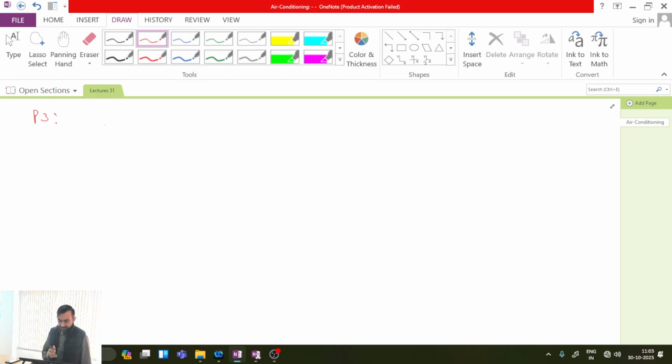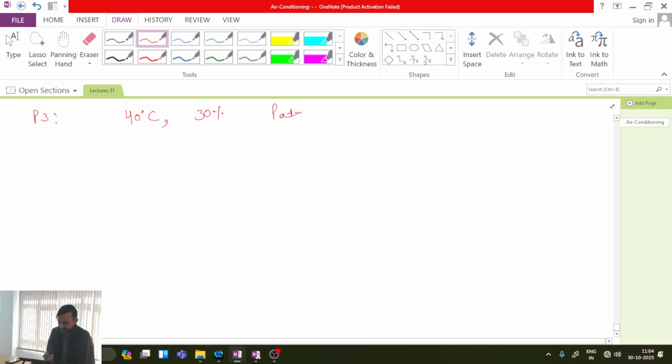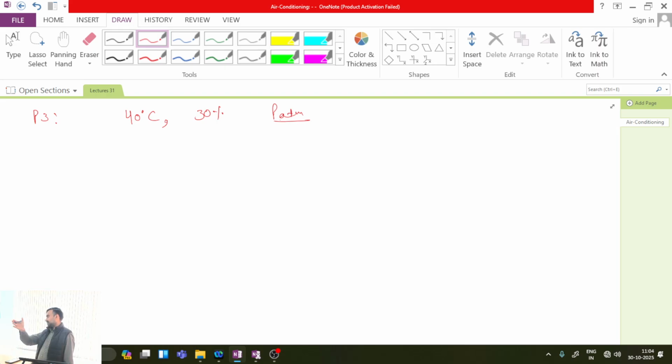Okay, so it means that we have moist air, and this is under which condition? 40 degrees Celsius temperature and 30% relative humidity, and what else? Atmospheric pressure. Now this is passing through an insulated duct, so the chamber in which it is passing is insulated.